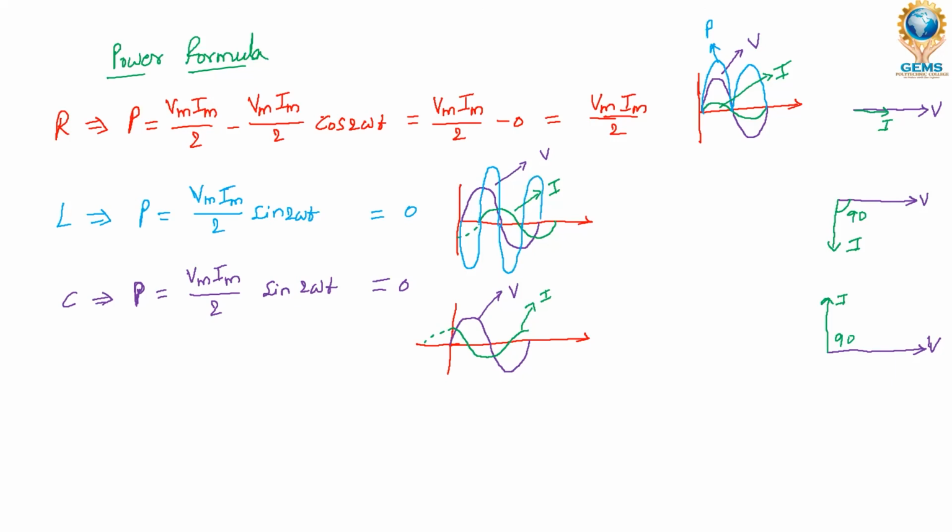This is the power waveform in case of inductor. In case of capacitor, it will start here: positive, negative, positive, negative. On average, power will become 0 in inductive circuits and capacitive circuits.